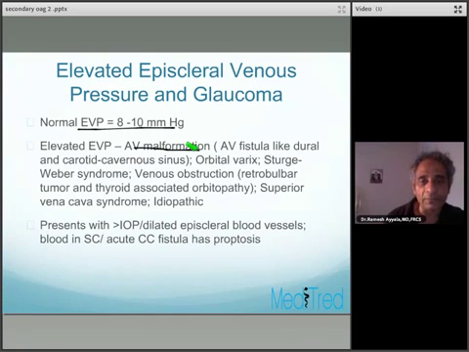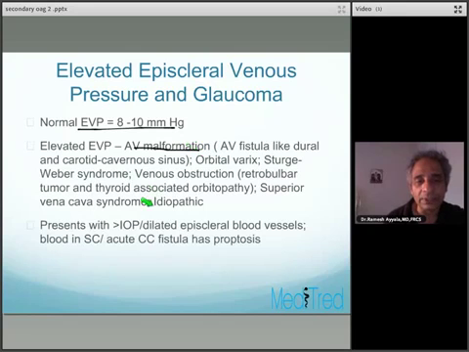So AV malformation, such as a dural and the CC fistula in the carotid cavernous sinus, orbital varix, Sturge-Weber syndrome, venous obstructions such as in retrobulbar tumor and thyroid-associated orbitopathy, superior vena cava syndrome, and sometimes idiopathic.